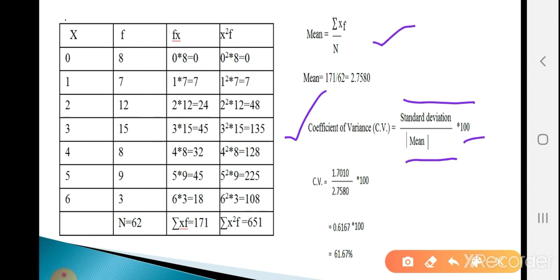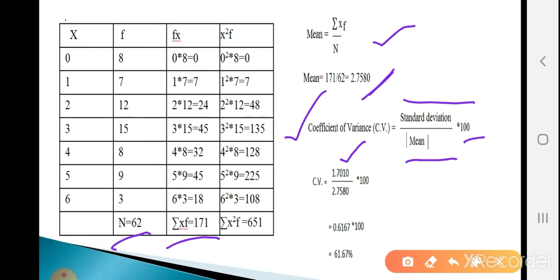Summation x into f value is 171, divided by capital N value, 62. So 171 divided by 62 is equal to 2.7580. Now just plug the value of standard deviation and mean in the formula of CV. So CV is equal to 1.7010 divided by 2.7580 multiplied by 100.